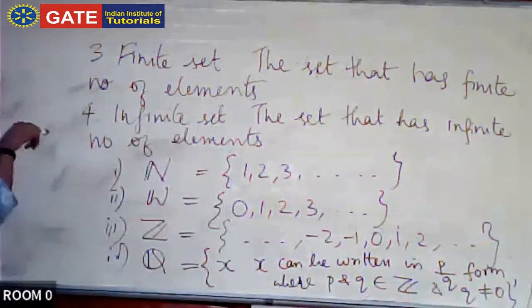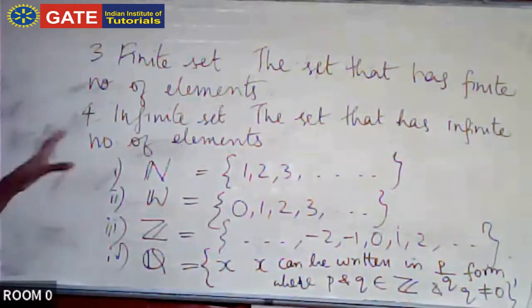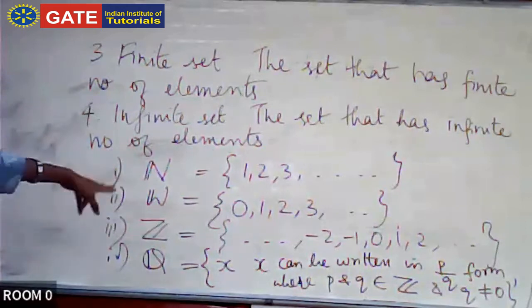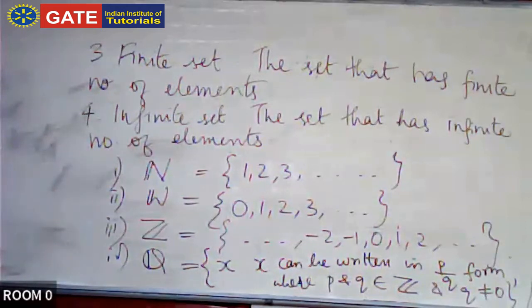If it becomes 0, then that will be undefined. So all those elements come under the set of rational numbers.